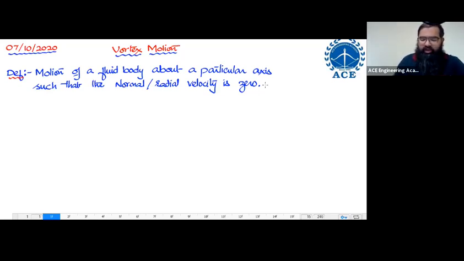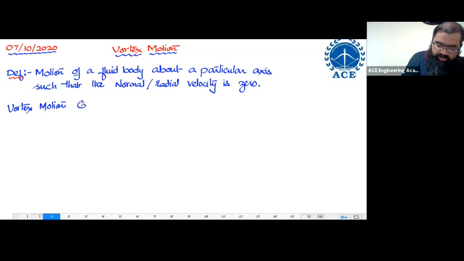Now, regarding this vortex motion, there are multiple types of vortex motion, but our examinations are going to deal only with two types of vortex motion. One is known as free vortex motion, the other is known as forced vortex motion. So vortex motion can be classified into two types.